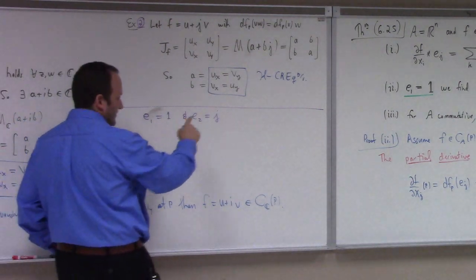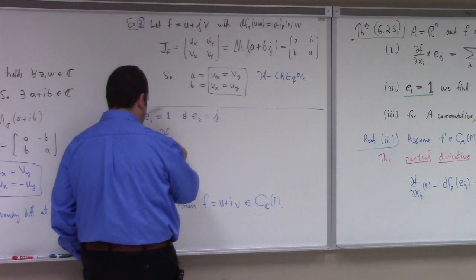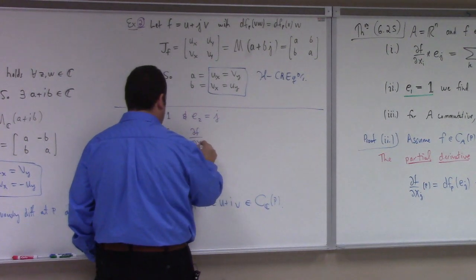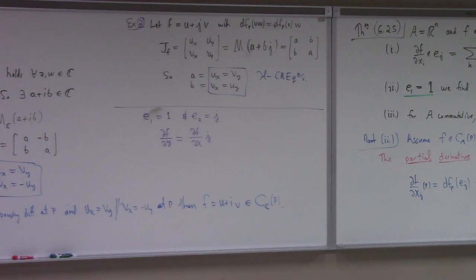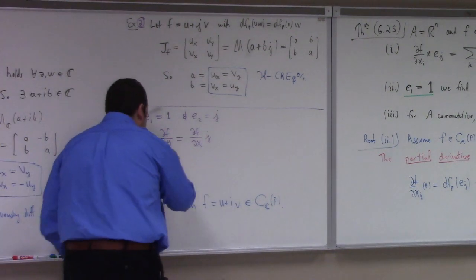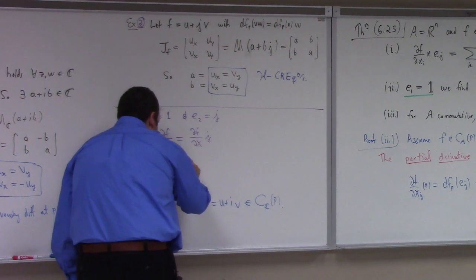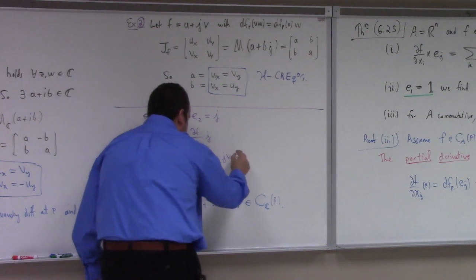So what does 2 look like? Partial f partial y is equal to partial f partial x times j. That's the Cauchy-Riemann equation. Now it's a vector equation. A vector equation in the hyperbolic numbers is 2 scalar equations. What is this? This is uy plus j vy is equal to ux plus j vx times j.